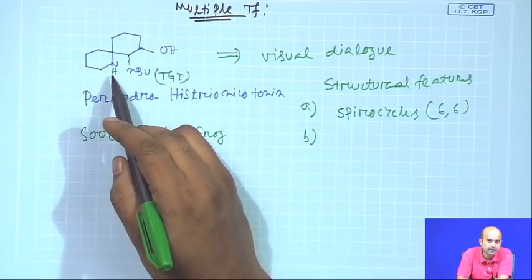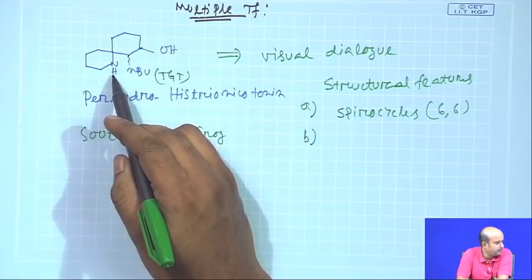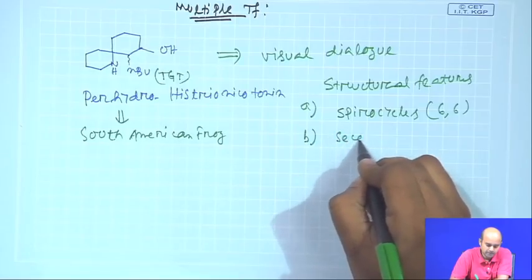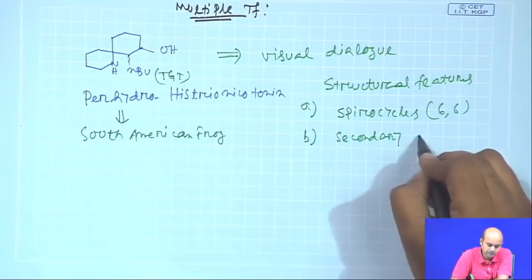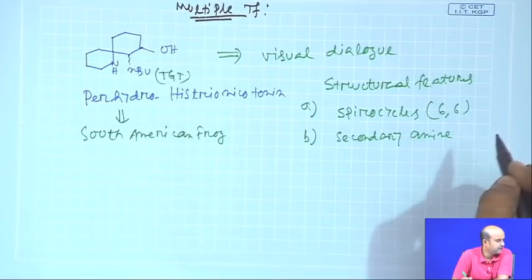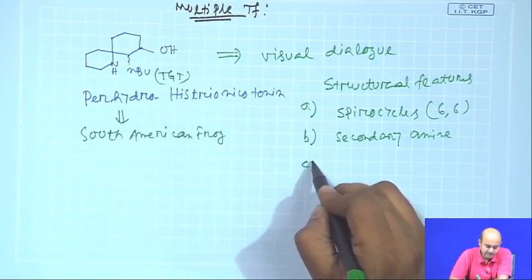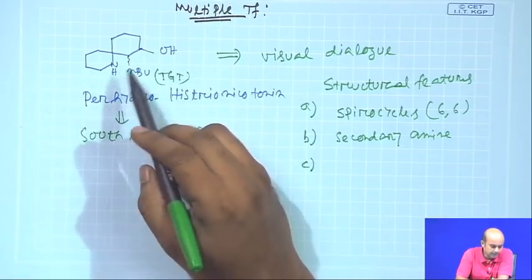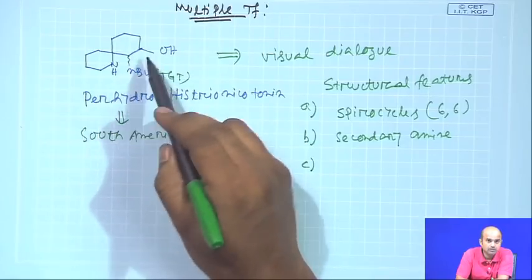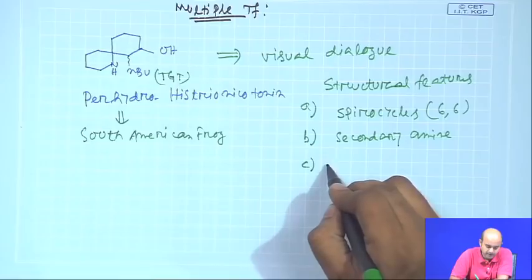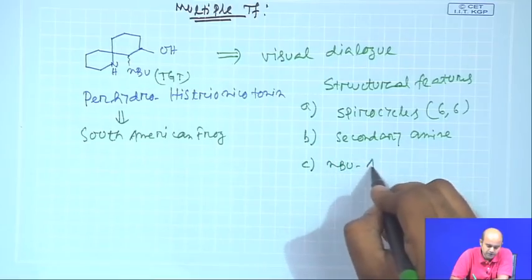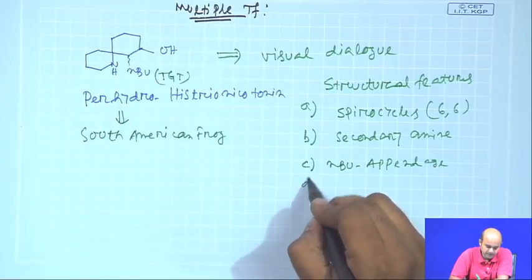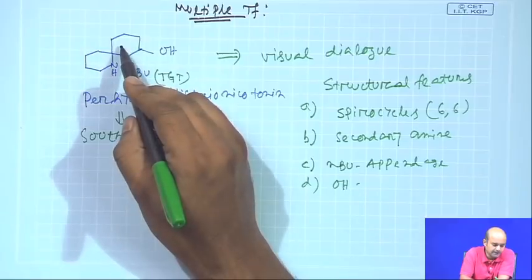This molecule has an amine functionality, a secondary amine. And then you will see this molecule has some other groups. It has an N-butyl appendage, and then it has a hydroxy group on the right hand side ring.